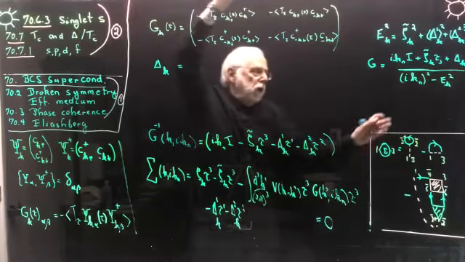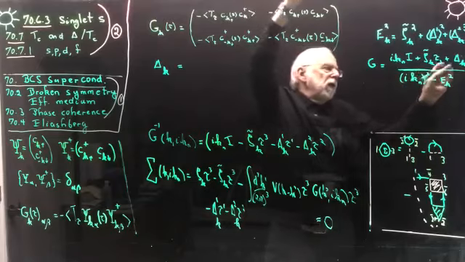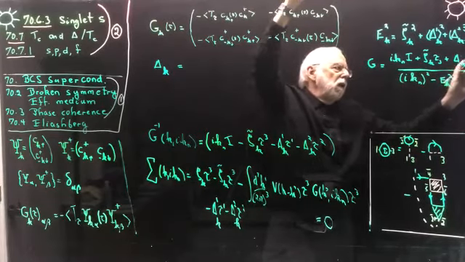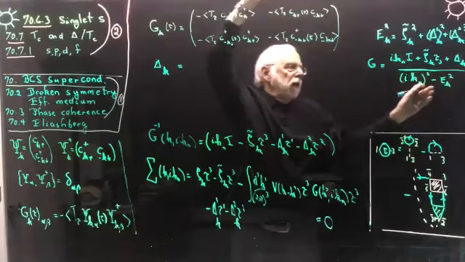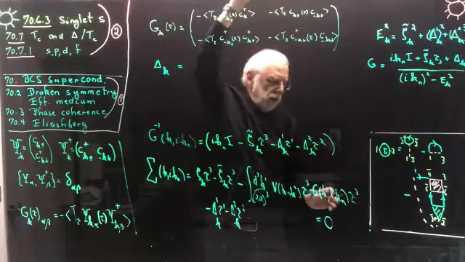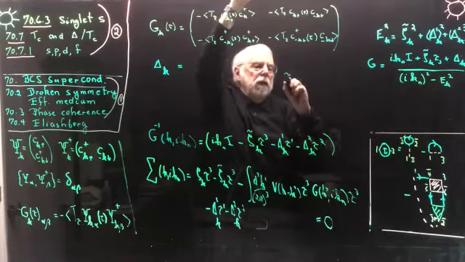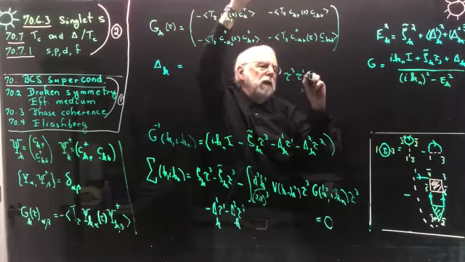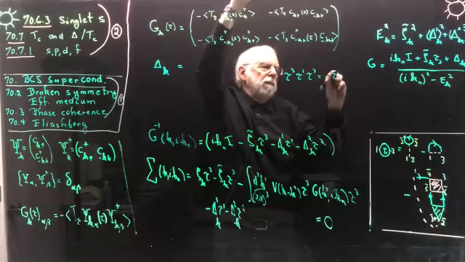But now I will look at the, here I forgot tau 1. So I will look just at the off-diagonal component. And tau 3 times tau 1 times tau 3 is equal to minus tau 1. Okay?